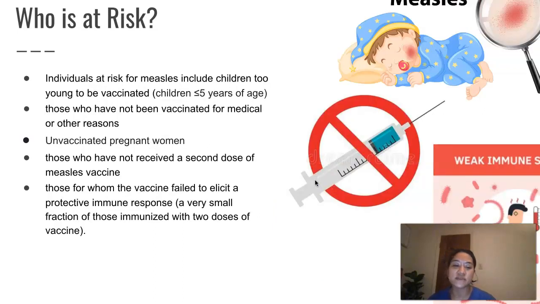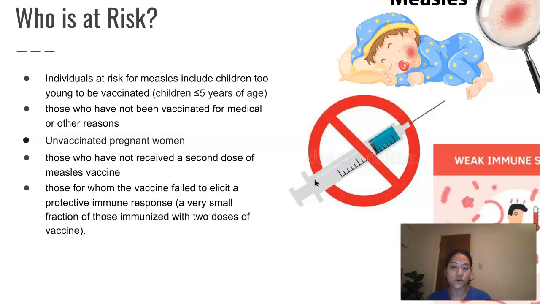Who is at risk? Individuals at risk for measles include children younger than 5 years old. This is because they are too young to be vaccinated, which is why they are at the highest risk.